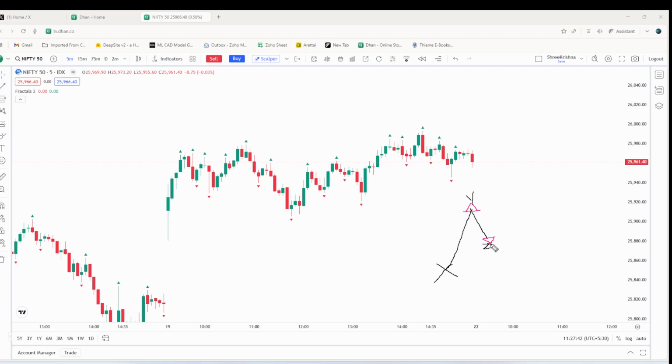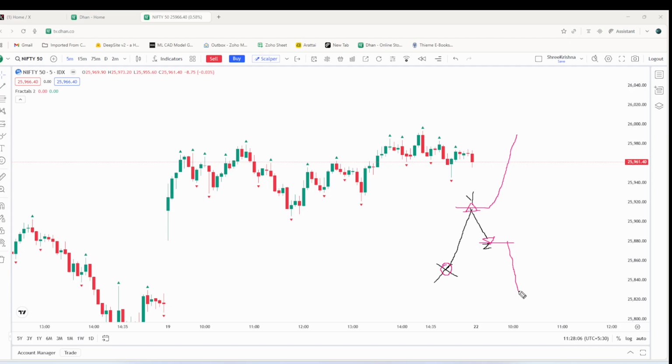What Bill Williams says is that this is the starting point of that particular trend. If a price breaks this fractal up, it's a buy setup, and the market will continue to move up. If a price breaks this low, then the market will go down. This is a simple method.